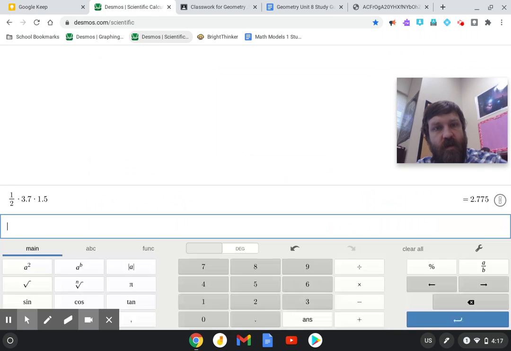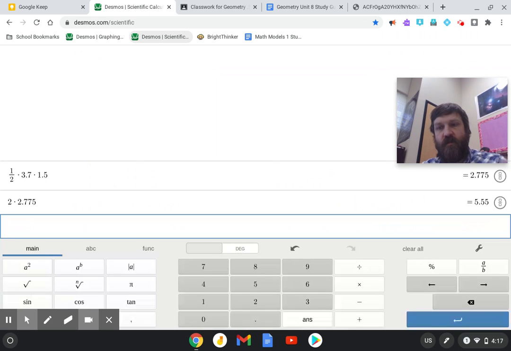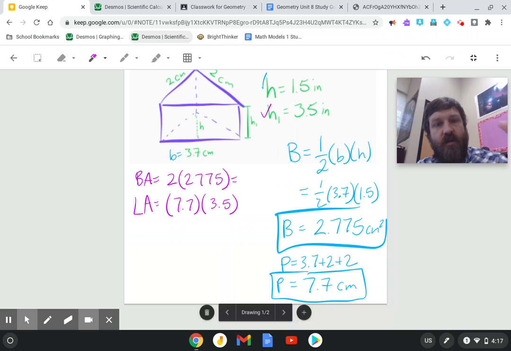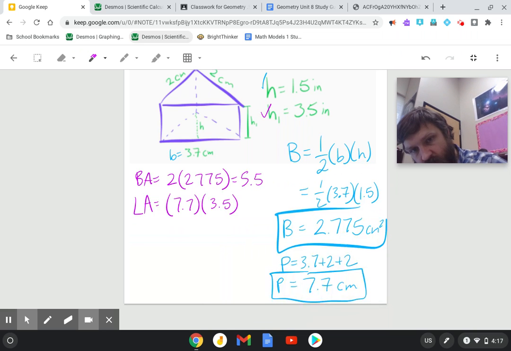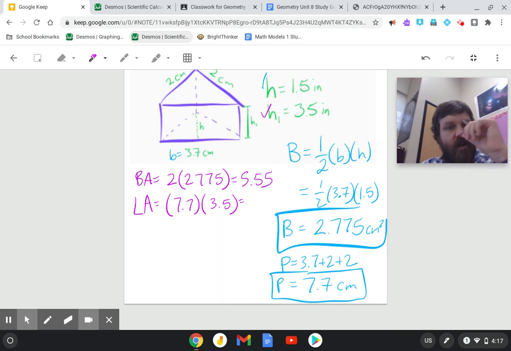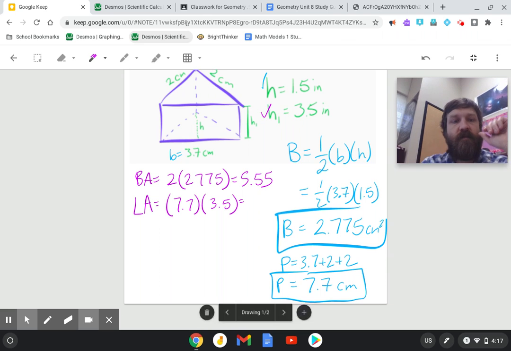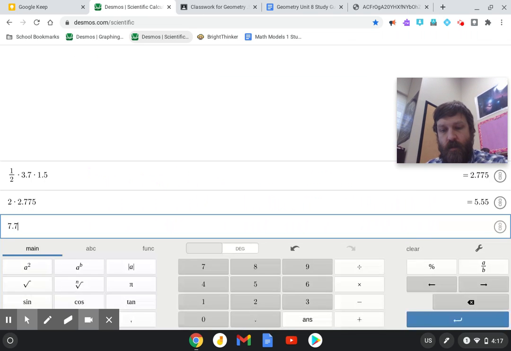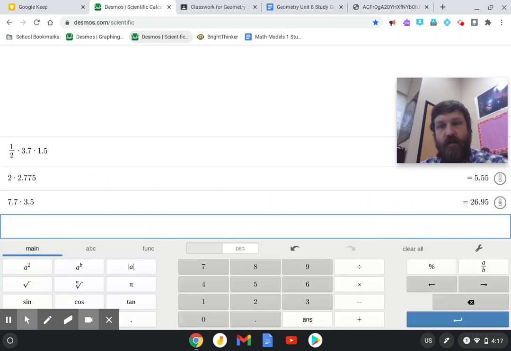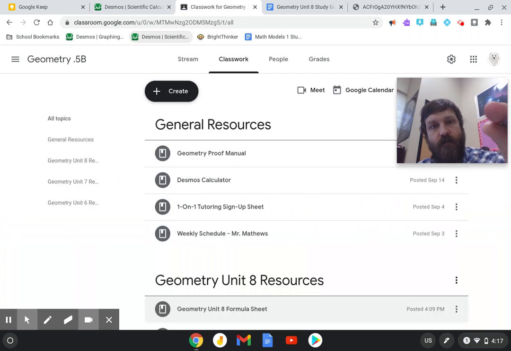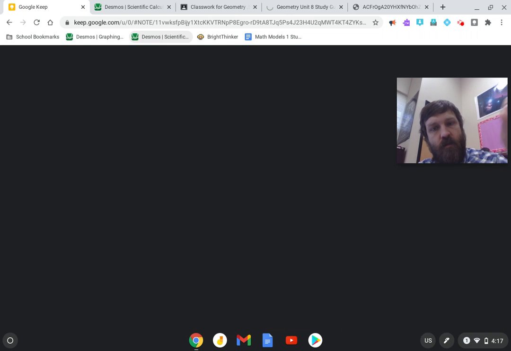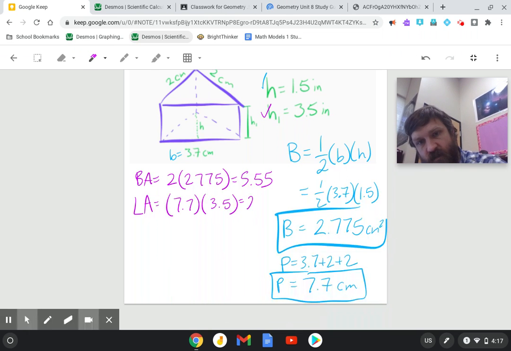2 times 2.775 is 5.55. And then 7.7 times 3.5 is 26.95.